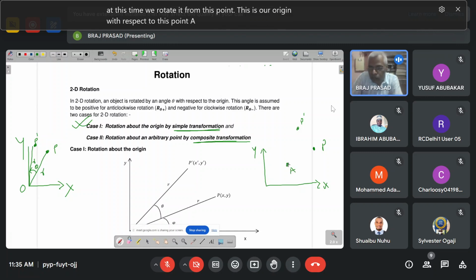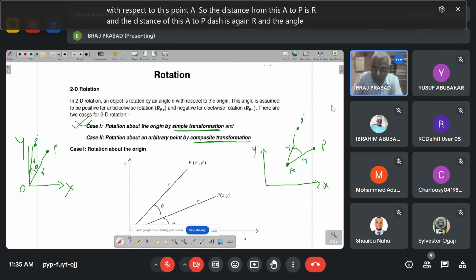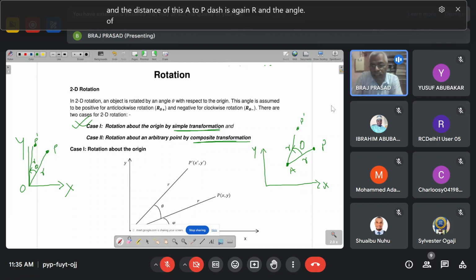So the distance from A to P is R, and the distance from A to P dash is again R, and the angle of rotation is theta.